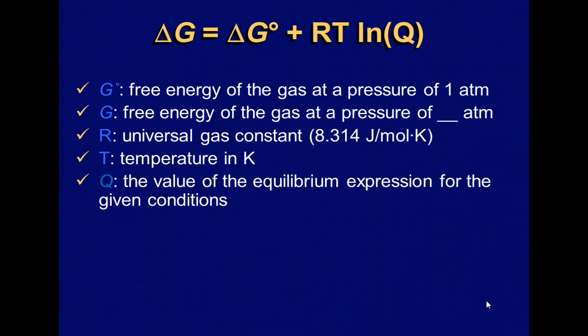If you were, then you could solve for K, but we will cross that bridge another time. So delta G would be looking at the free energy for gases under any other pressure than 1 atmosphere. The standard delta G would be looking for it at 1 atmosphere. R and T haven't changed, and Q is just based on what pressures you have for those particular conditions.